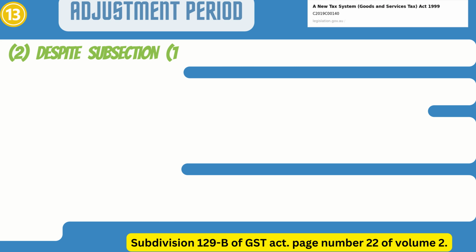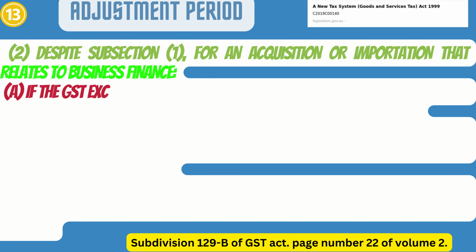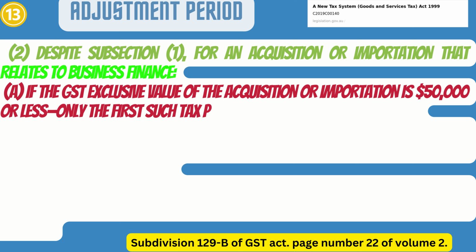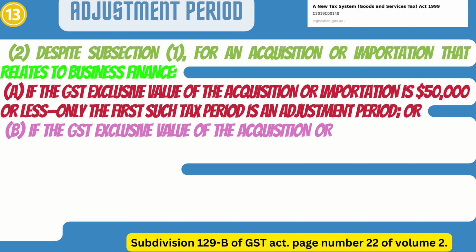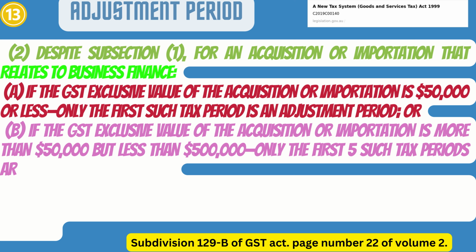2. Despite subsection 1, for an acquisition or importation that relates to business finance. A. If the GST exclusive value of the acquisition or importation is $50,000 or less, only the first such tax period is an adjustment period.